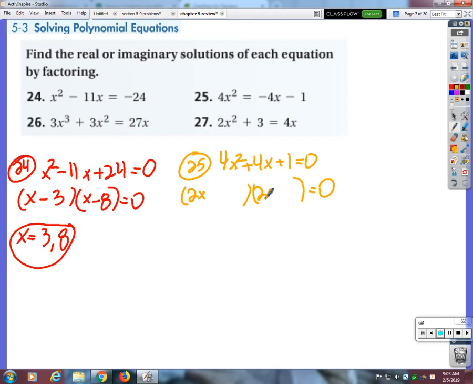Oh, 2x in both. Okay. And then I need to multiply together to be 1, so what goes in the end? 1 and 1. Okay, good. And then everybody's positive, so it's 2x plus 1 times 2x plus 1.